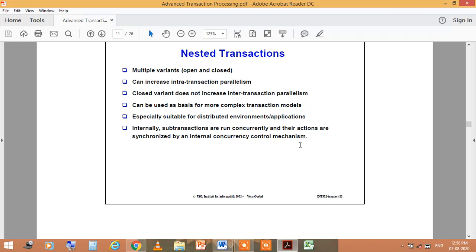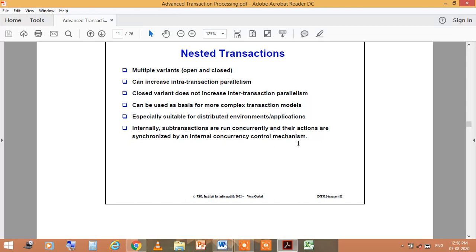Now there are multiple variants, that is open or closed, okay. The open variant can increase intra-transaction parallelism. The closed variant does not increase inter-transaction parallelism. It can be used as a basis for more complex transaction models, especially suitable for distributed environment applications.